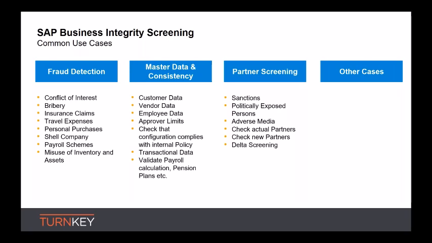And with this section, you can check your actual partners, or you can integrate this process for onboarding of new partners as well. We've also seen other cases at customers where they use business integrity screening.